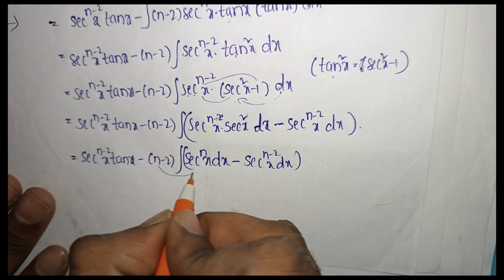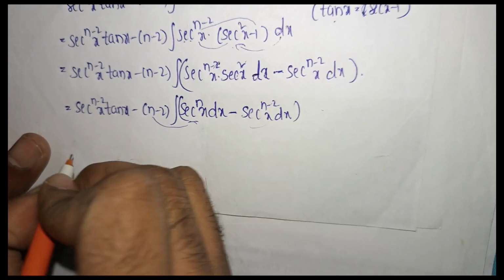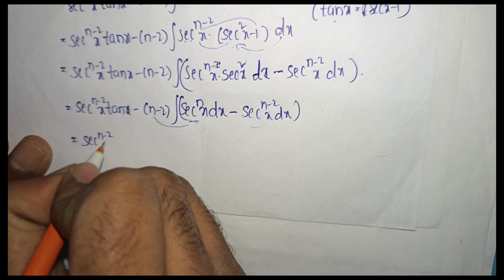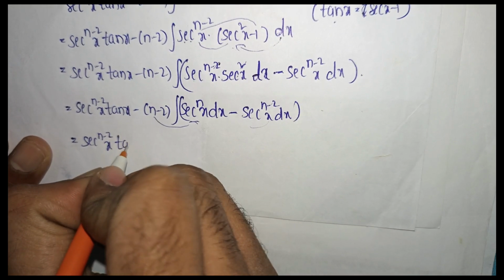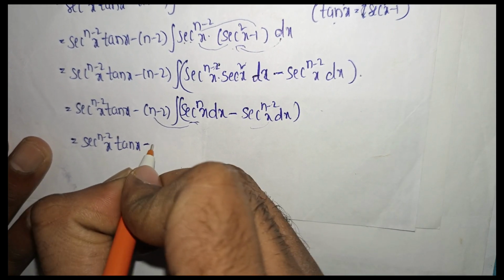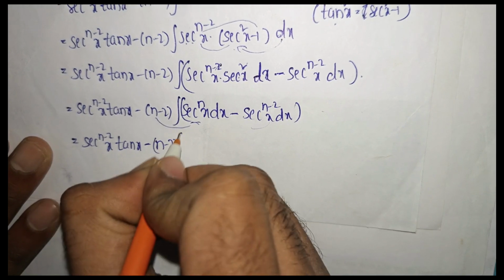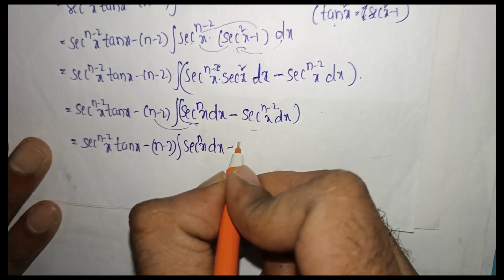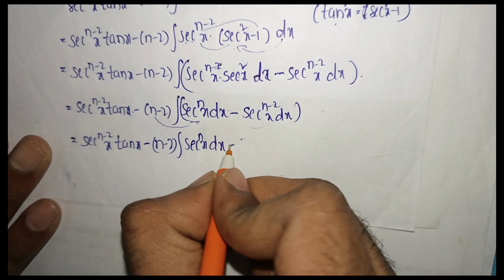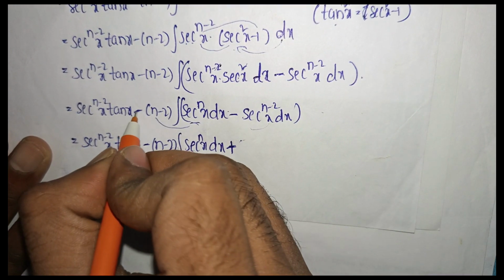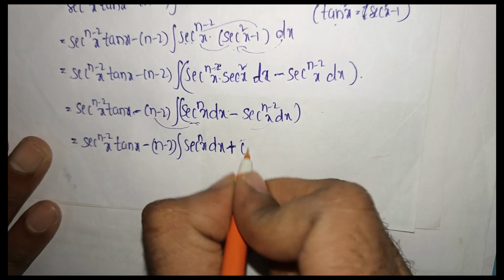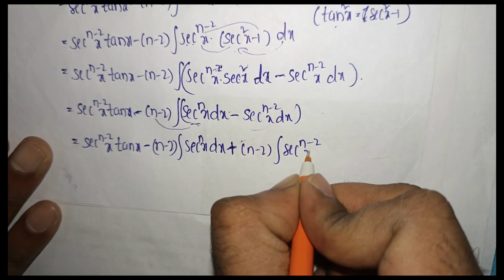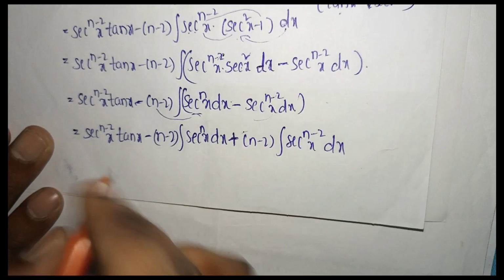Now multiply this n minus 2 with both. What we get? We get here secant to the power of n minus 2 x tan x minus n minus 2 integration of secant to the power of n x dx, minus into minus it's plus, plus n minus 2 secant to the power of n minus 2 x dx.